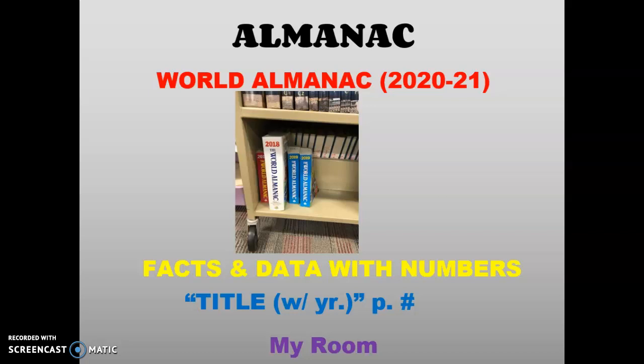It starts at about page 750, depending on the year. All you have to do is give me the title, the year, and the page number. So say 2021 World Almanac, page 792. Then I'll know that's the page you found that particular fact on.